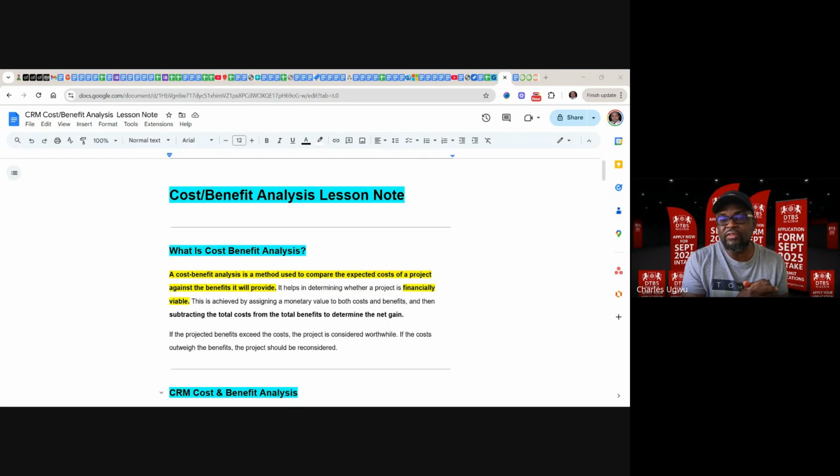But if after removing the cost it is negative, meaning that the cost is higher than the benefit, then we should reconsider. But like I said, the challenge here is that so many benefits are very difficult to monetize.